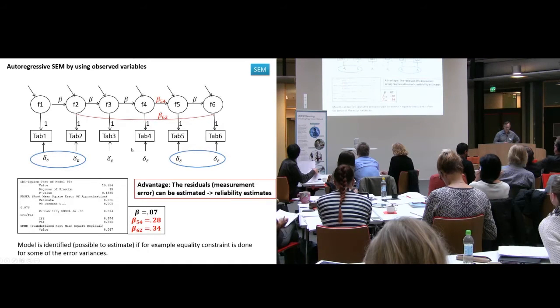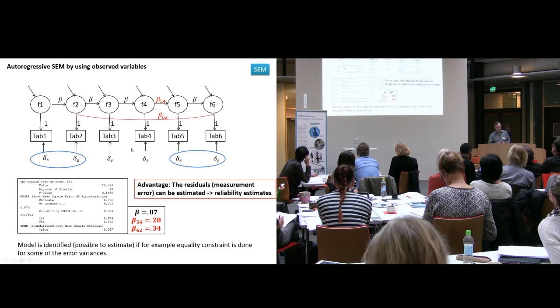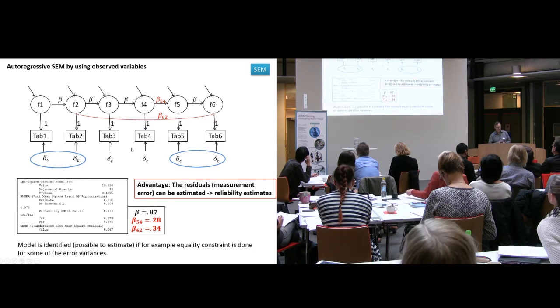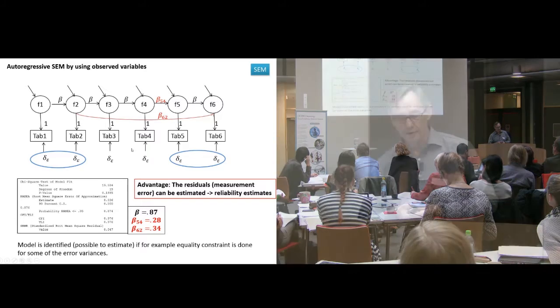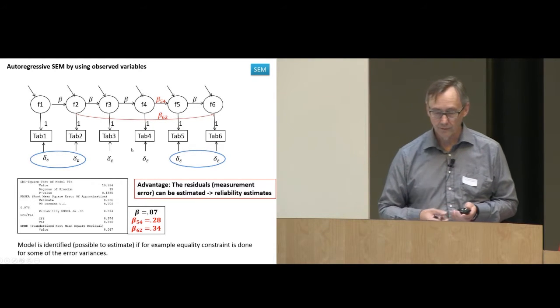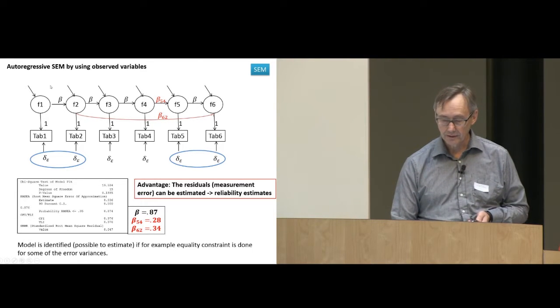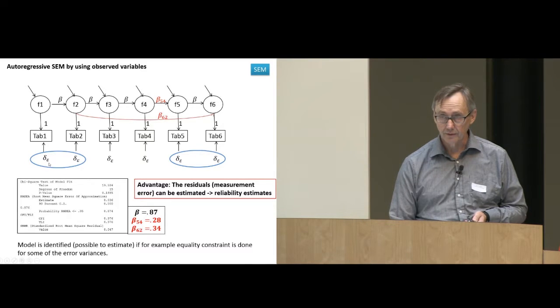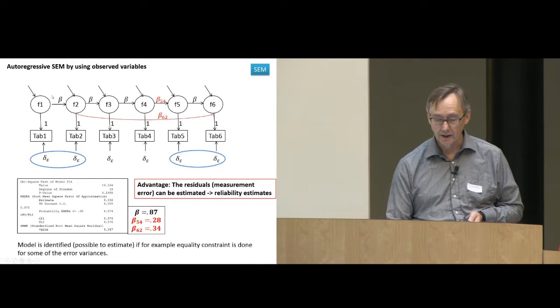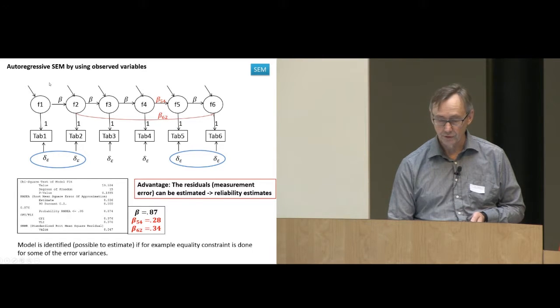If in my example task avoidance behavior is some score and its reliability is 0.80, then when I use this kind of modeling, I can estimate those error variances and I get the true variance using the latent structure.